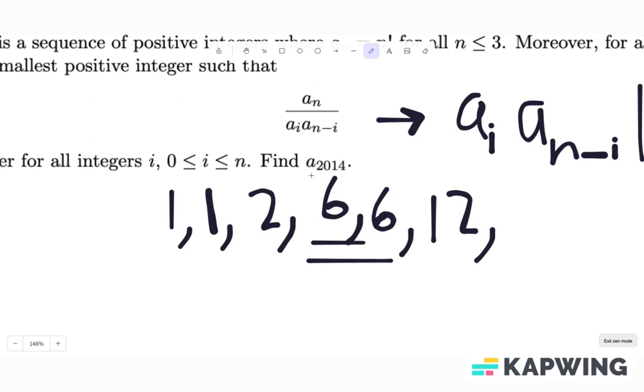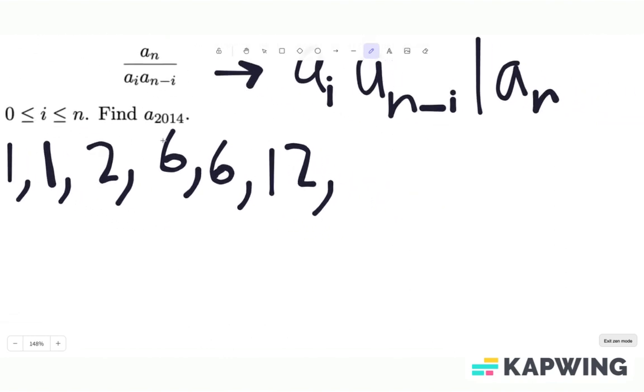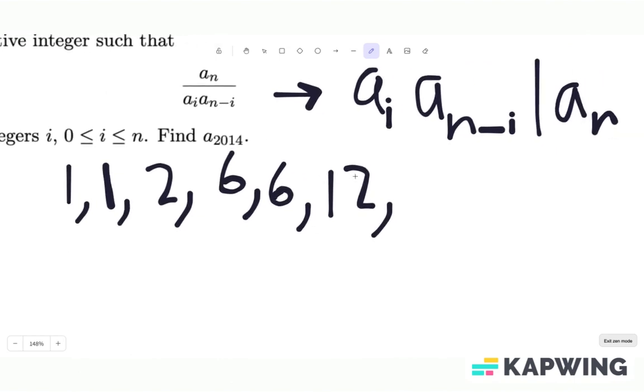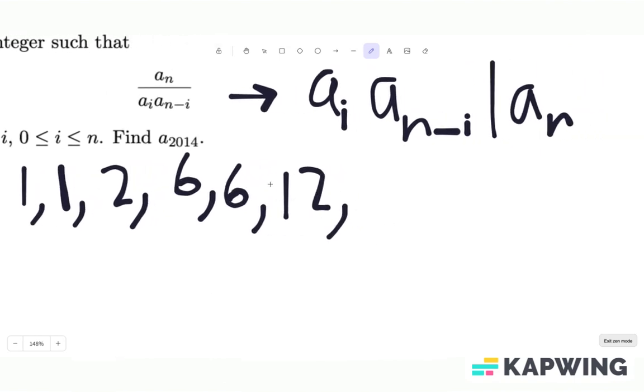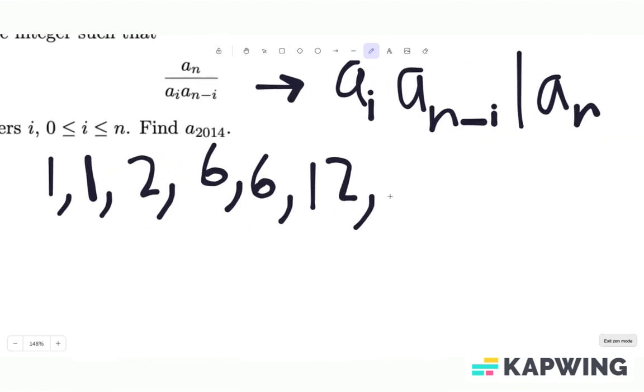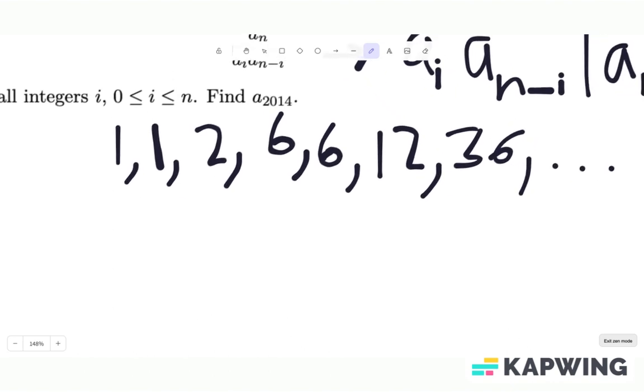So we have 6 times 6, which is a sub 3 times a sub 3, where I is equal to 3. That makes 6 times 6, which is 36, divide a sub 6. So we have it at least being 36, and we can continue this onward.